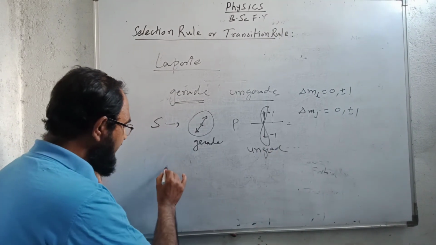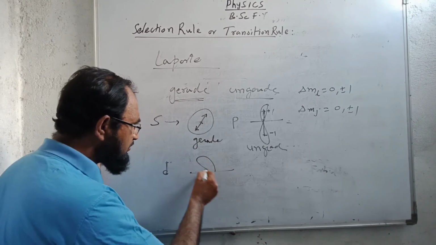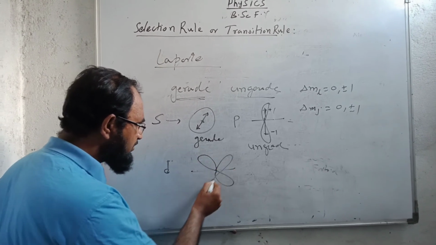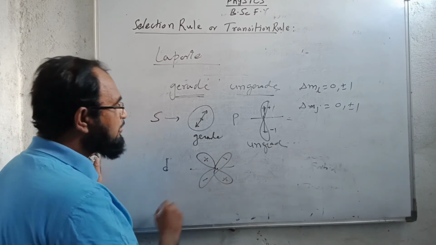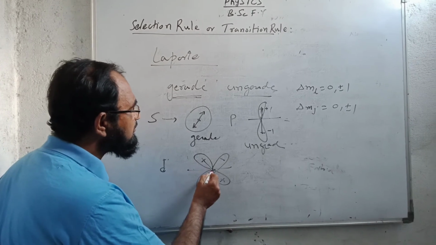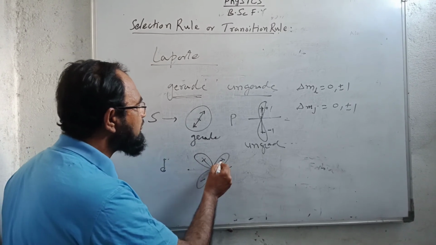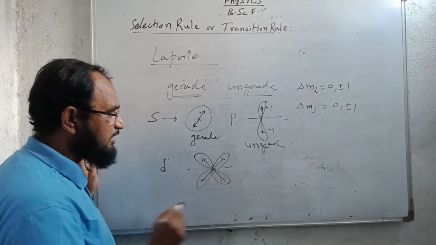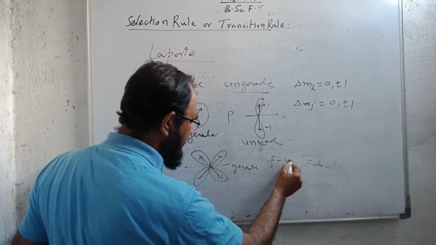For the d orbitals, we have this type of shape. Here it is plus, minus, plus, minus. When we go to plus on this side, there is plus on the other side, and minus on the opposite side, so it is also gerade. Similarly, f is ungerade.